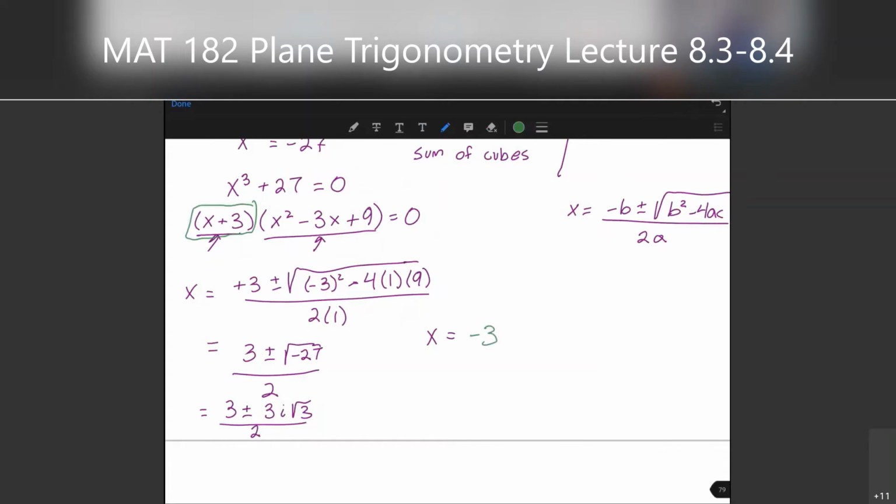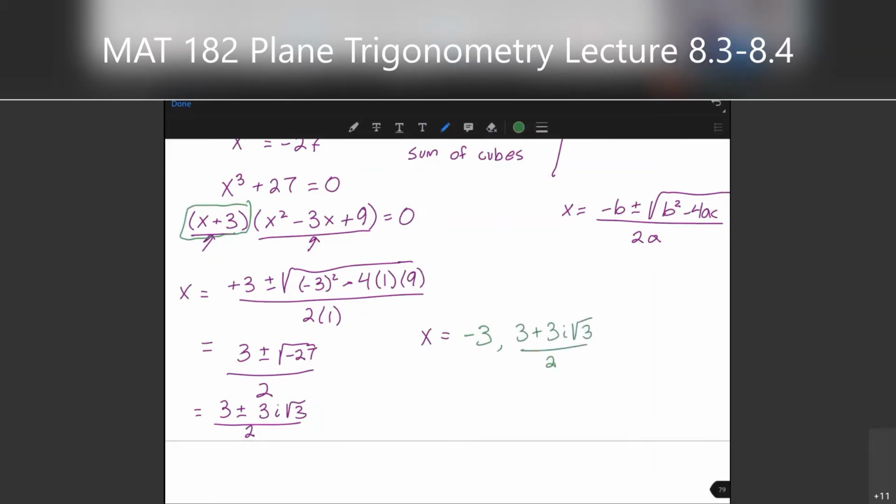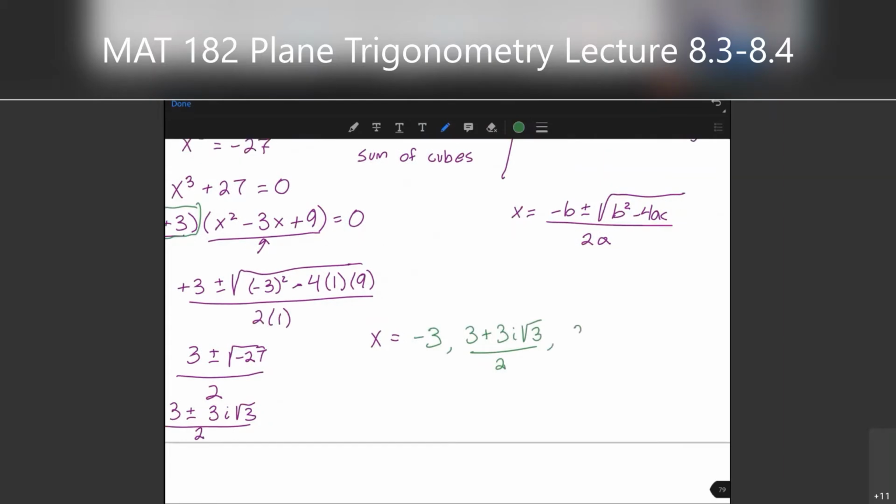And then we've got the other 2, which are in that plus and minus root. So the first one would be 3 plus 3i square roots of 3 over 2. And then the last one would be 3 minus 3i square roots of 3 over 2. So those are your 3 cube roots.